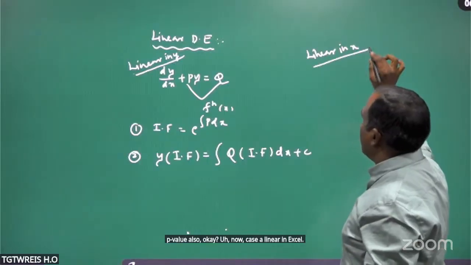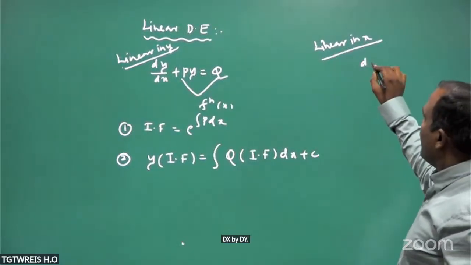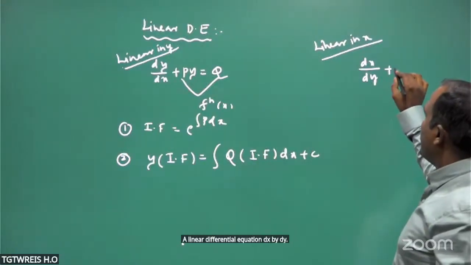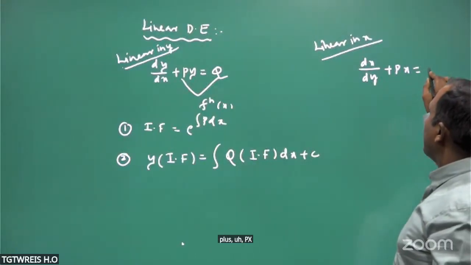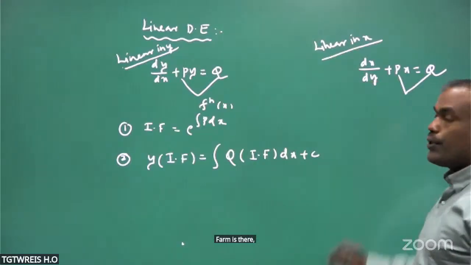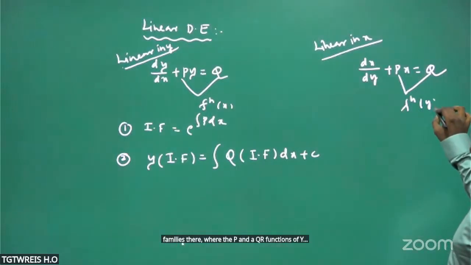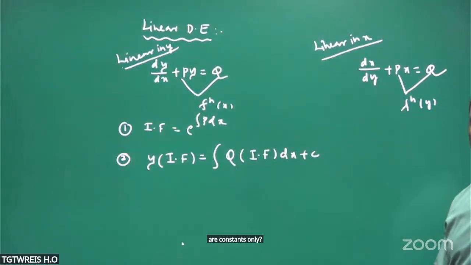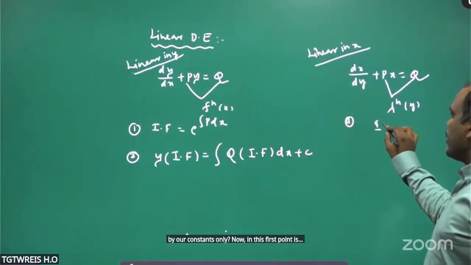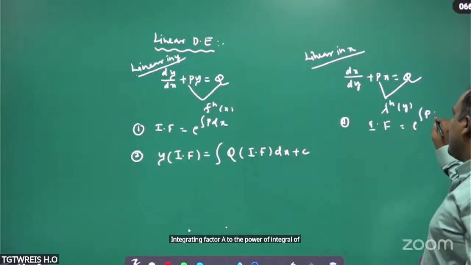Now the case linear in x. Linear in x means a linear differential equation of the form dx by dy plus px equal to q, where p and q are functions of y or constants only. The first point is the integrating factor, e to the power of integral of p dy.